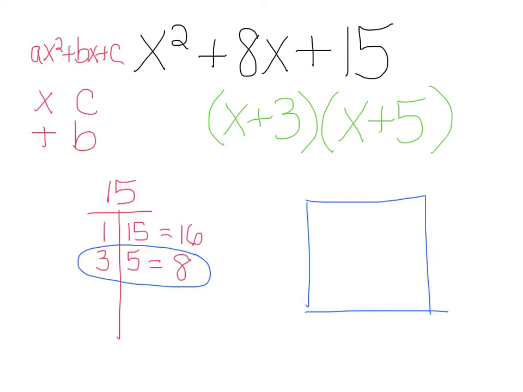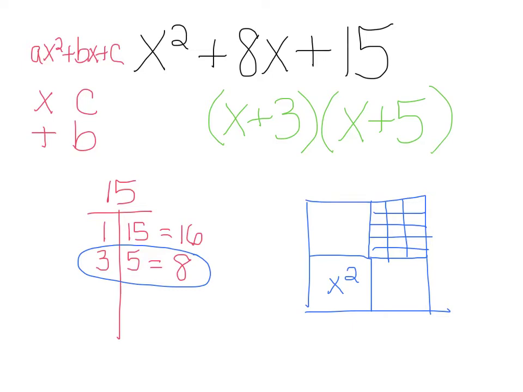If we make our box, given our original trinomial, we have an x squared, and then we have 15 1 units. So 1, 2, 3, 4, 5, 1, 2, 3. We've got 15 1 units.